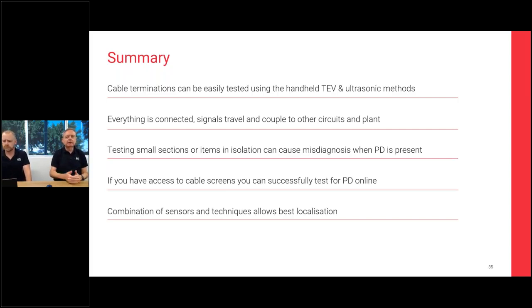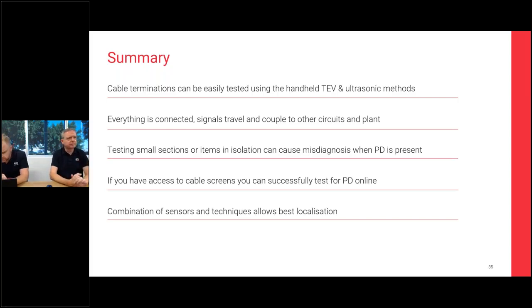We also use a bit of engineering judgment and knowledge in terms of history of failures, type of switchgear and things like that, and also pattern recognition on the phase resolve plot. So sometimes we can see from the pattern that it may be associated with a defect up in the switchgear, for example. If you've only got cable terminations, you haven't got joints in between, then generally you don't need to try any harder than using the methods that we use, the handheld TEV and ultrasonic methods for testing.